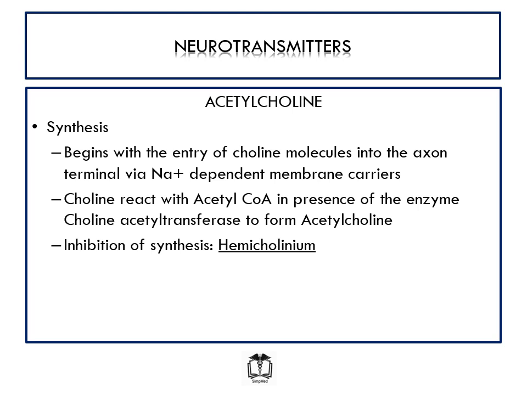Once choline enters into the axon of the nerve tissue, the choline would react with a second molecule called acetyl-CoA. This reaction is catalyzed by the enzyme choline acetyltransferase, and the union of choline with acetyl-CoA would give rise to the neurotransmitter acetylcholine.